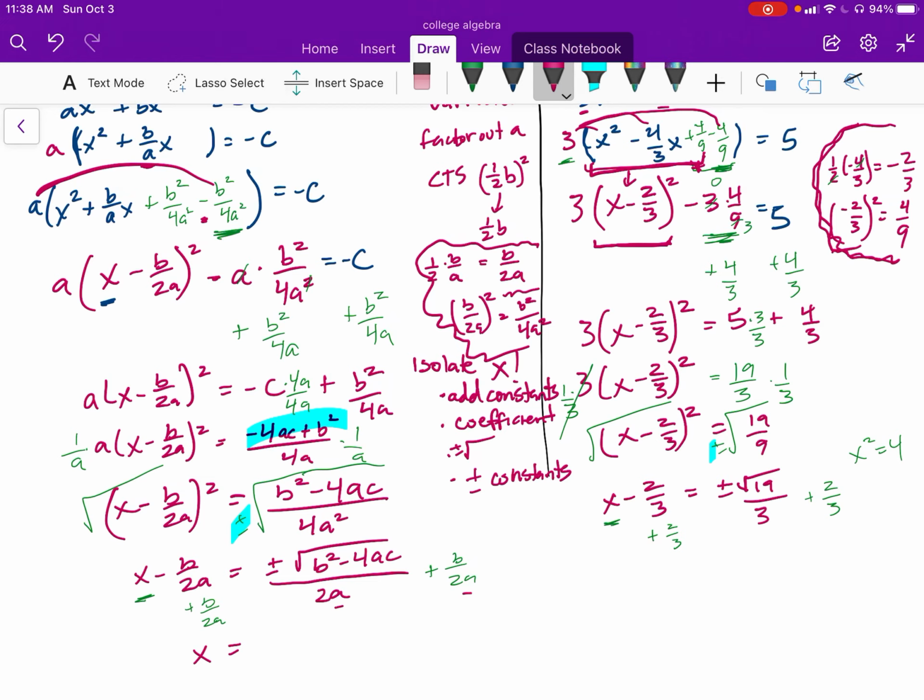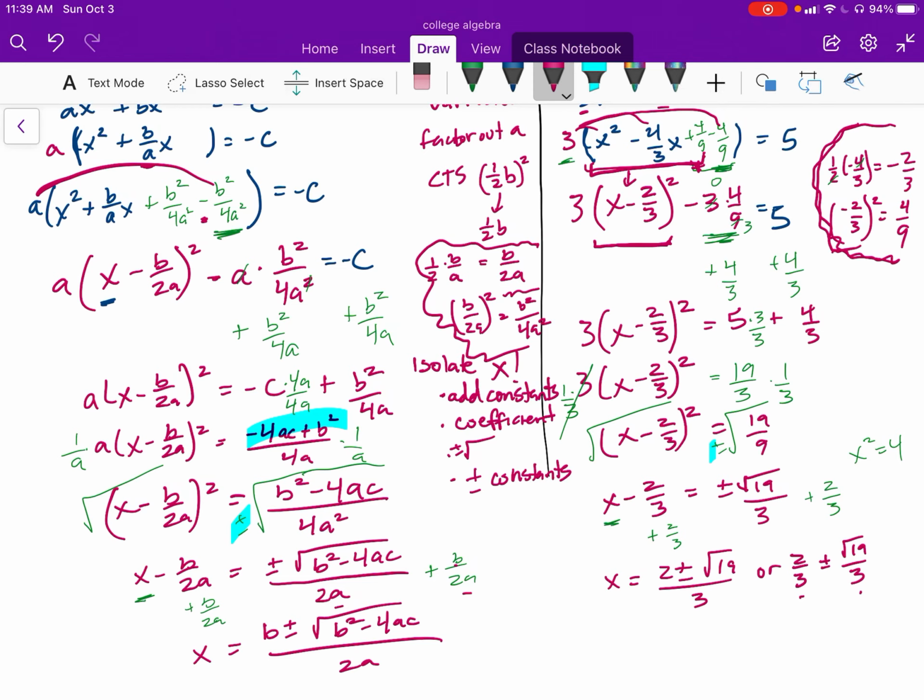So I'm going to bring the b up front only because that's the way the quadratic formula looks. And on the right-hand side, it's more common to see it like this, right? But some people prefer to just leave it like this. I would say anytime there's an LCD, right, combine them.